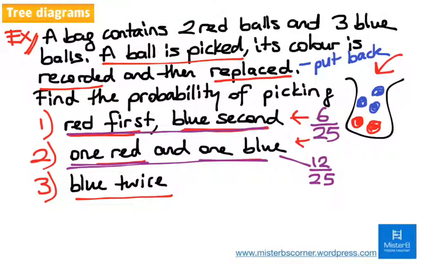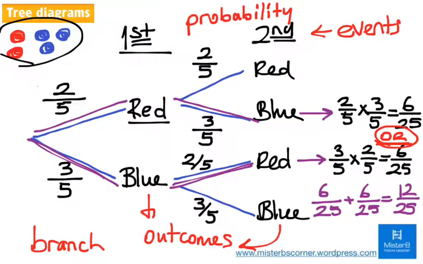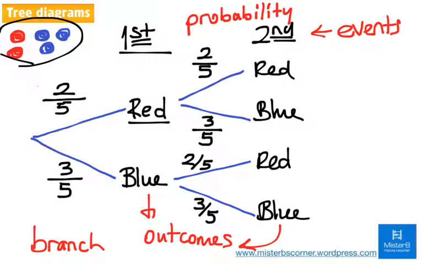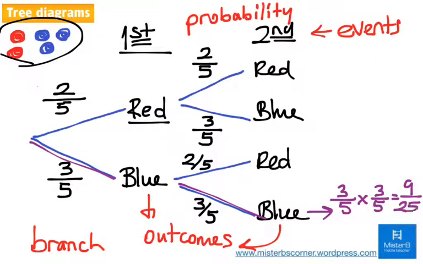Now we want to go with blue twice. So this means I'm going to pick blue, and then I'm going to pick blue again. So I'm going to end up with this. So it's going to be 3/5 multiplied by 3/5. And that's going to be 9/25. That's going to be the answer.